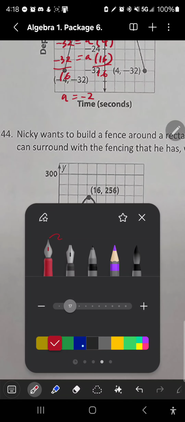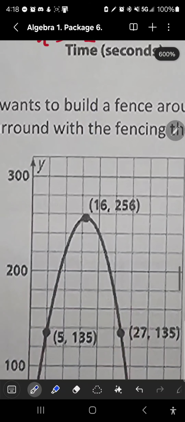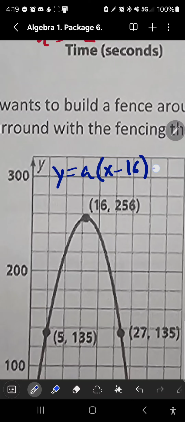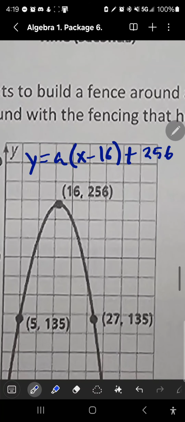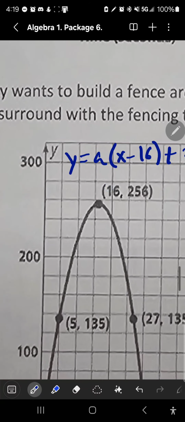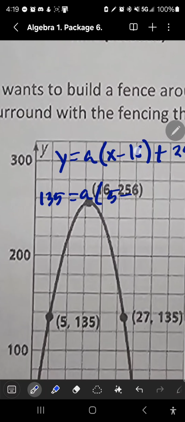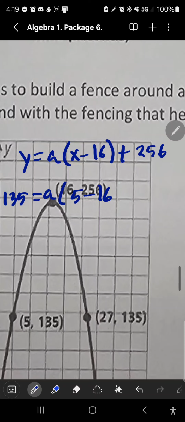We have the vertex, so it will be y equal a times (x minus h) squared, so x minus 16, plus k, so plus 256. I'm going to use any point. I'm just going to use 5 and 135, so 135 equal a times (5 minus 16) squared plus 256.